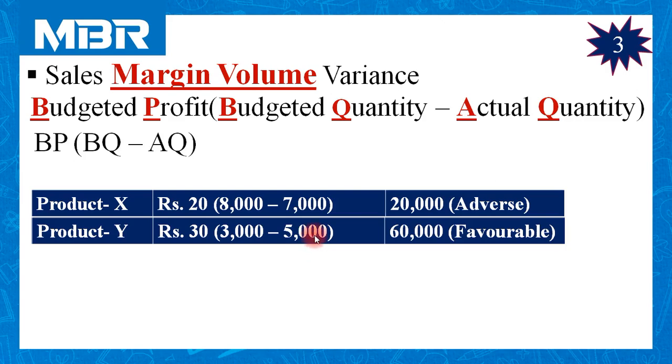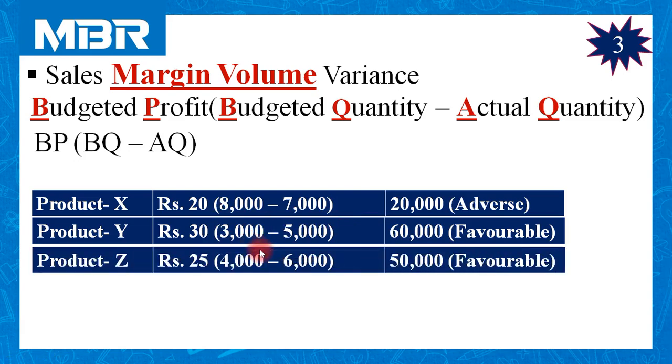There is a difference of 2,000 units and per unit there is a difference of rupees 30. So total variance 60,000 favorable because actual quantity of sales is increased than that of budgeted quantity.